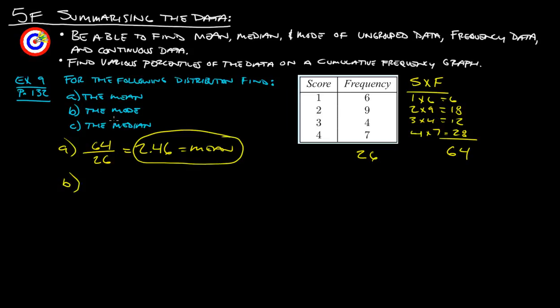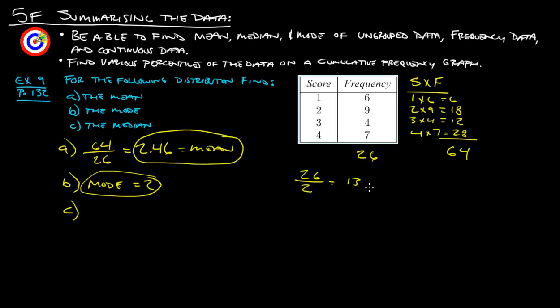For part B, the mode. So the one that occurs most often, again, that's a nice easy one because it shows us that 2 occurs the most often. So the mode is 2. And then our median is going to be our middle score. And again, since we have 26, you take 26 and divide it by 2 and you get 13.